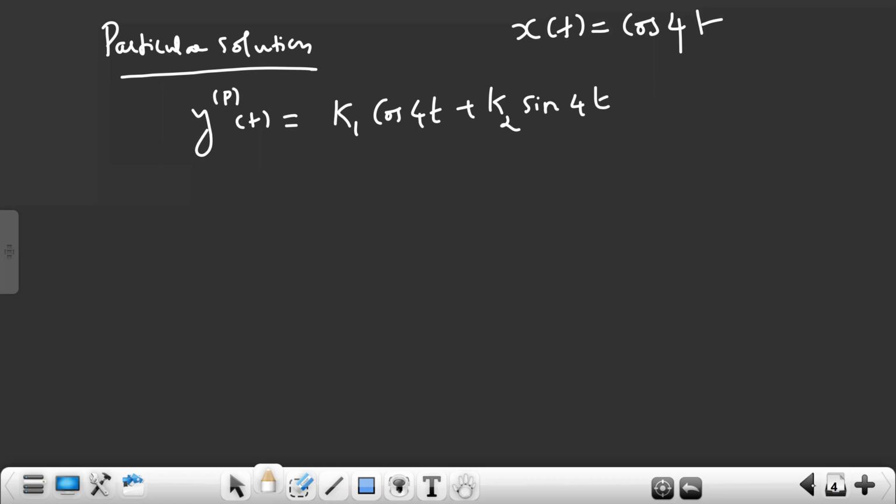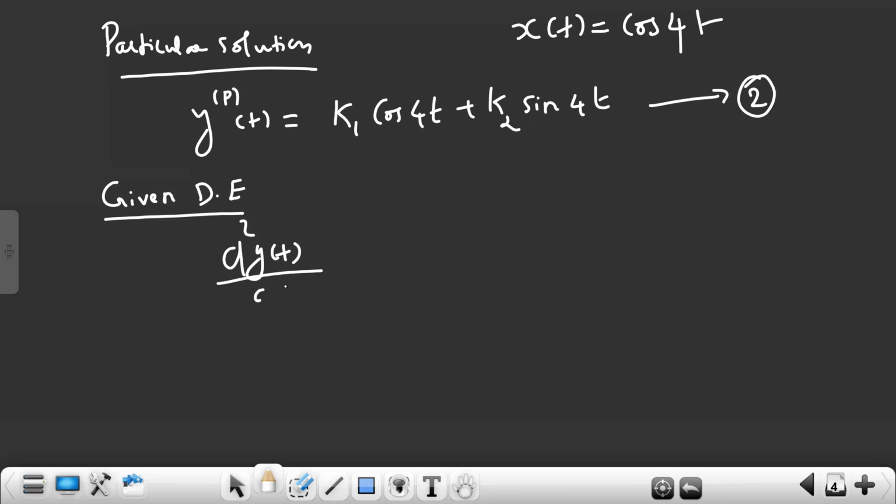I mark this as equation number 2, but you don't know the values of K1 and K2. To find them, we have to write the given differential equation: d square y of t by dt square plus 9y of t equal to x of t.